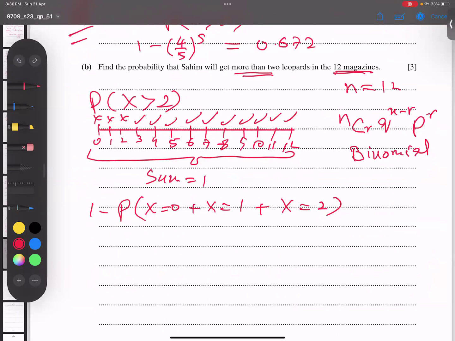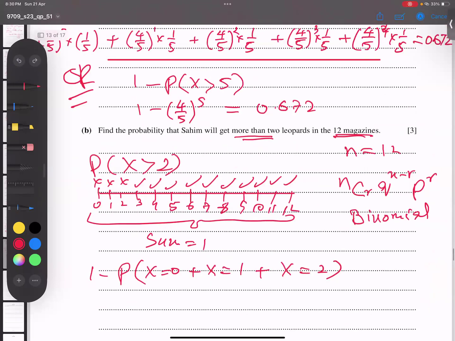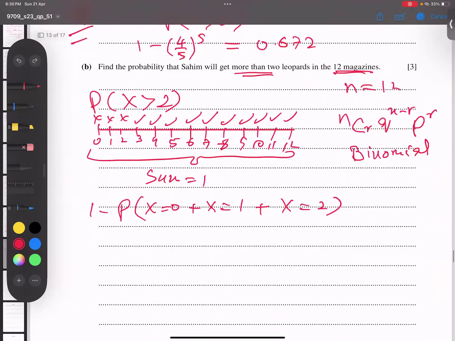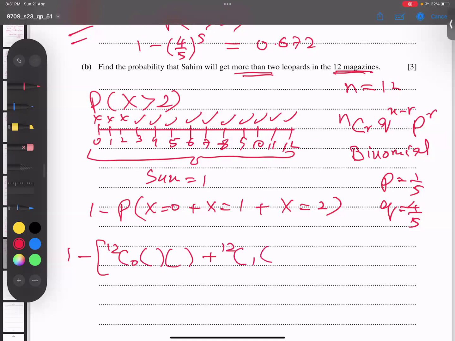And you know n is 12, p, you know it very well. P is 1 by 5, let me write here. And q is 4/5. So now I'm applying, and what is the way? So n is 12. So 12C0, 12C1, 12C2.